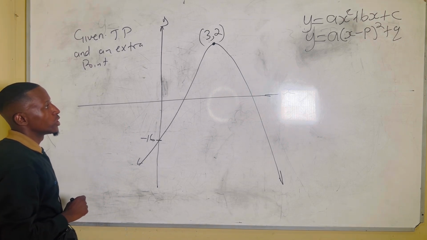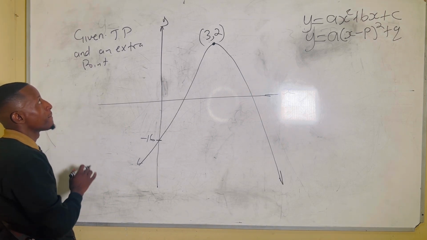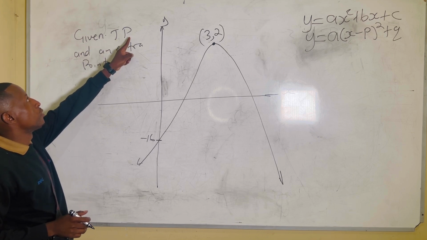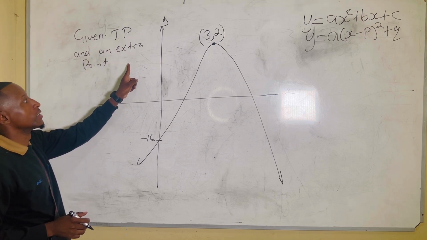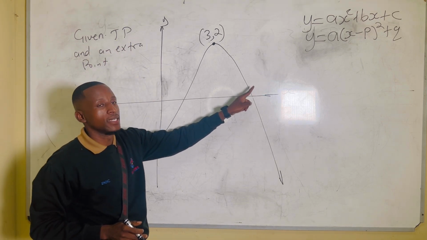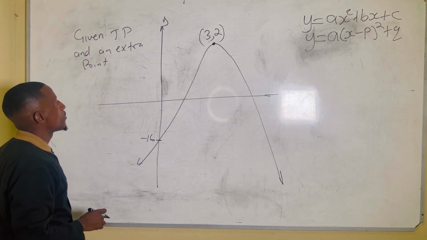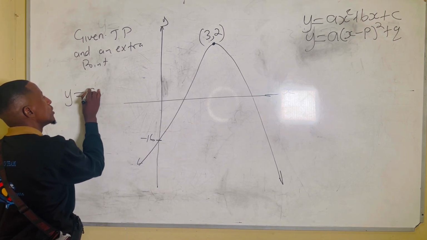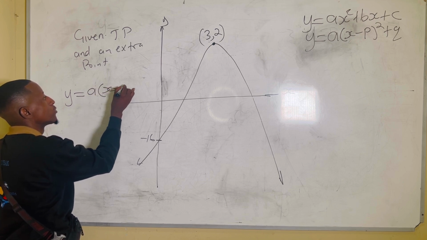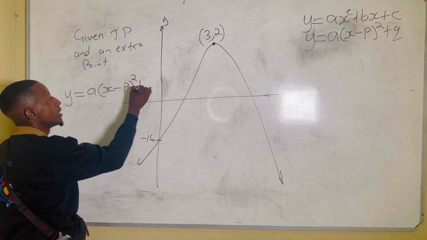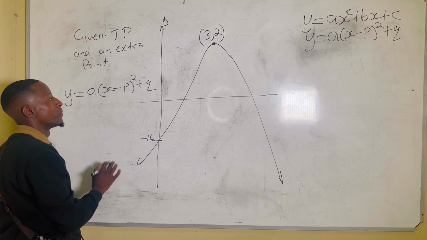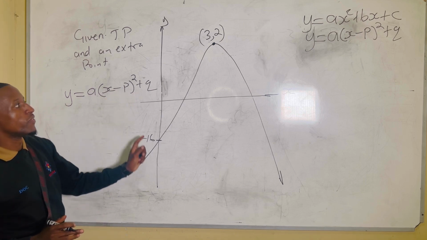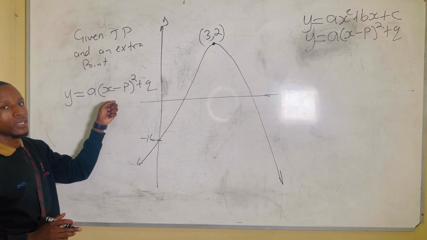So in that situation, you check. Remember, you can be given a turning point and an extra point, or you can be given the x-intercepts and an extra point. So now, because you're given a turning point, you need to know that the equation that you're gonna use to find the equation of the graph is this one.